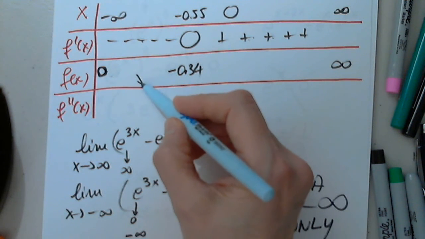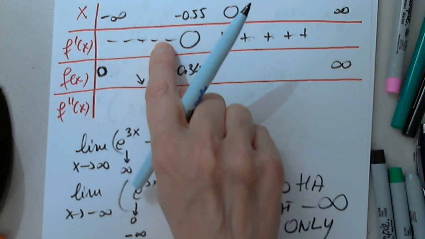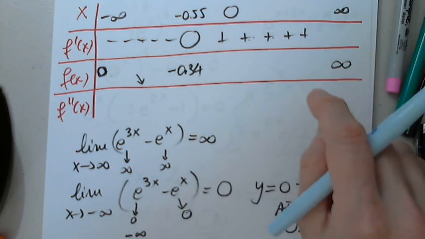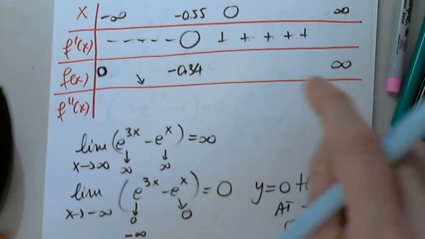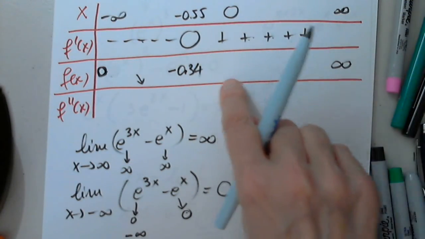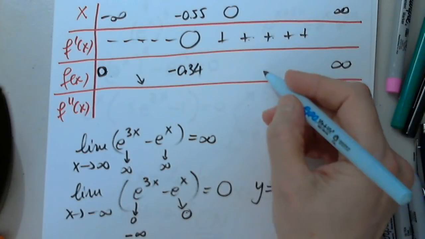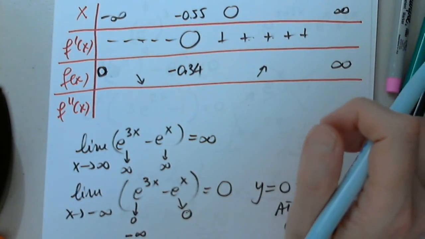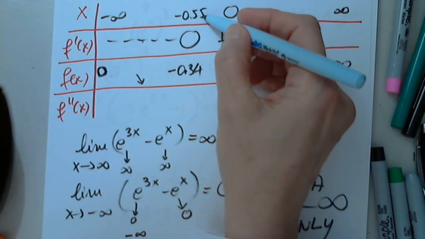It decreases. Good. Is that supported by the sign of the first derivative? Yes. Good. From negative 0.55 to positive infinity, what does the function do? Increases. Yes. Is that supported by the sign of the first derivative? Yes. Perfect.